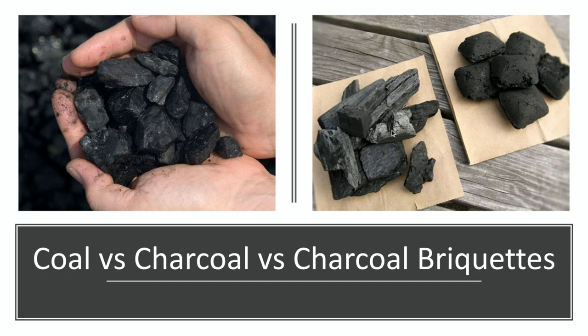Charcoal is mostly burnt wood. If you take a big piece of wood and you burn it in a low oxygen environment, it will mostly burn but leave behind a lot of carbon. And we call this mostly burnt wood charcoal.